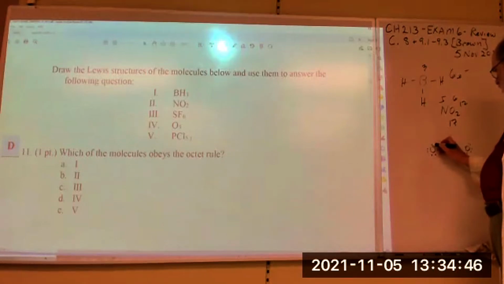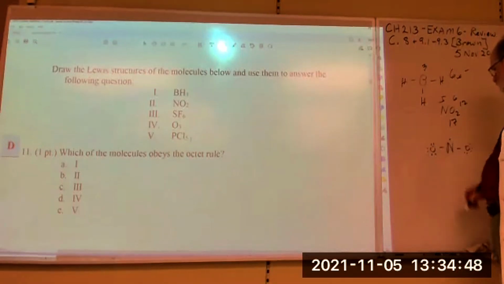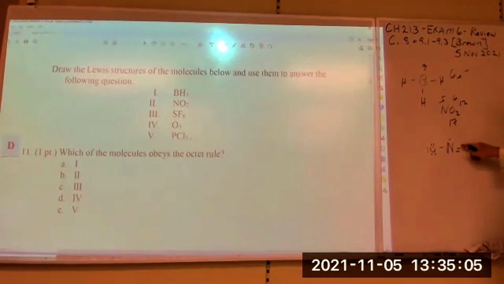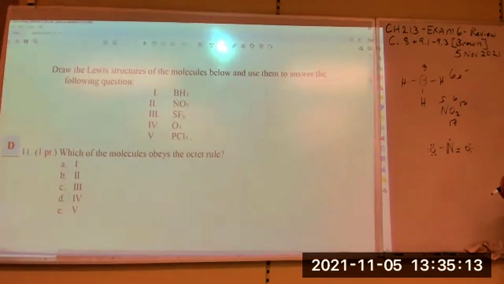So we got all of our electrons, but the best we can do is maybe make a double bond on one side or the other. Make a pair of these and do that. Then you got 2, 4, 6, 8, 2, 4, 6, 7, 2, 4, 6, 8. So nitrogen's only got 7 electrons around. It's just one short of an octet.